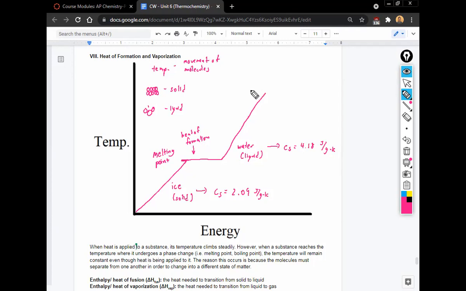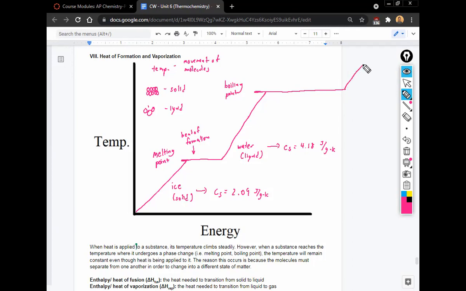Okay, and then the same thing happens when you get to the boiling point, or the vaporization point. The temperature of the water will stop increasing, and instead it'll take a lot of energy in order to break up all the water molecules, because we know that in a liquid the molecules are moving, but they're still kind of next to each other. But at the boiling point, what happens? The molecules, when they turn to gas, they just start flying around. So that takes a lot of energy too.